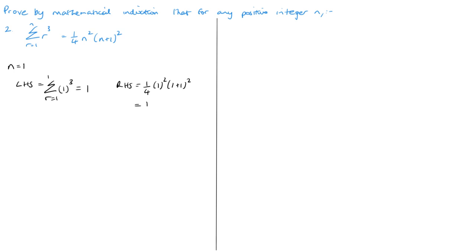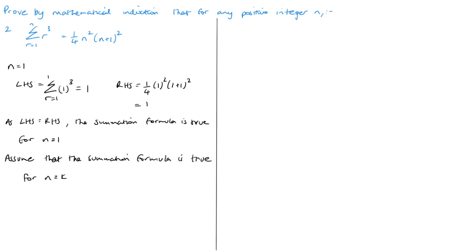That equals 1. Okay, so as left hand side equals right hand side is true for n equals 1, assume true for n equals k, therefore between r equals 1 and k, r cubed equals 1/4 k squared k plus 1 squared.